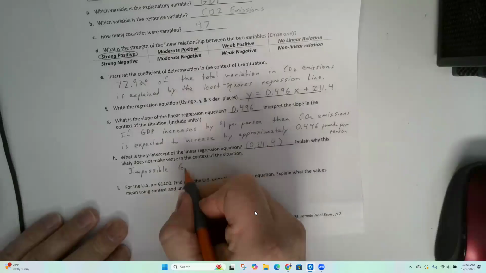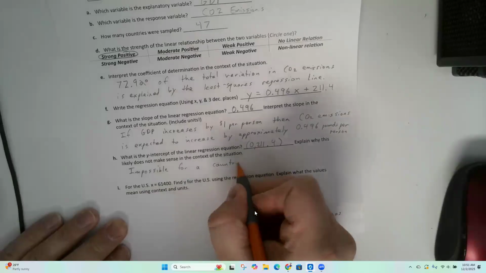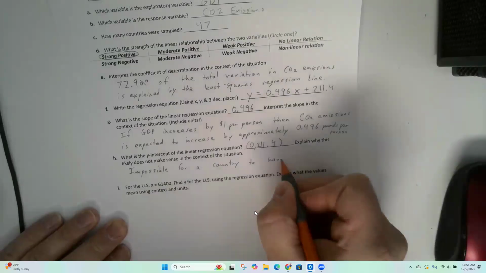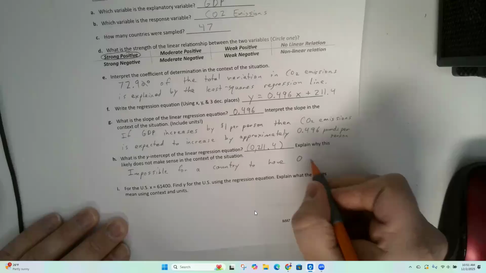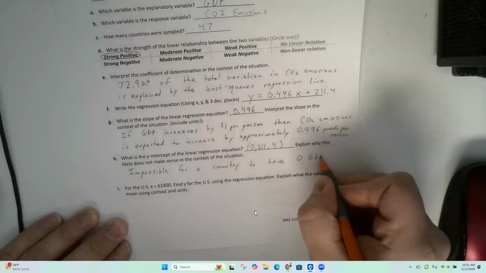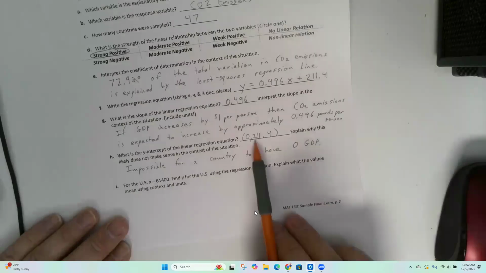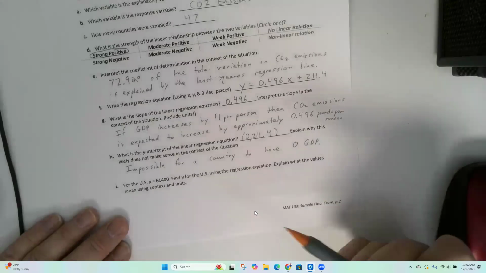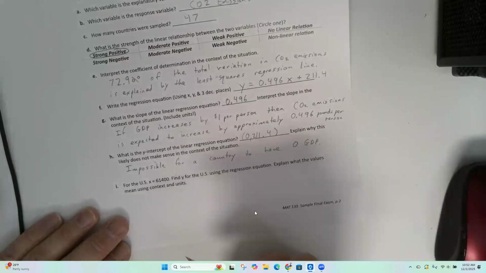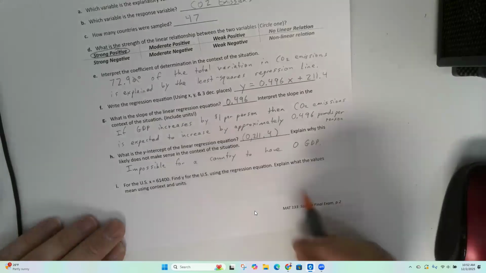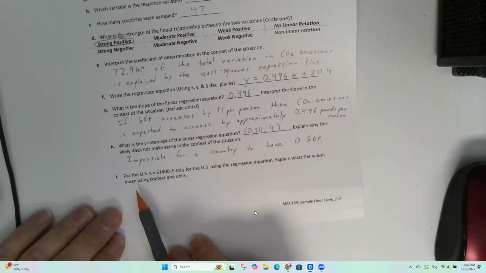Impossible for a country to have zero GDP, right? The other thing is if your country's sitting around doing nothing, then 211 pounds per person for CO2 emissions. I guess they're just breathing. You're just sitting around breathing 211 pounds of carbon each year. Seems like a lot to breathe.